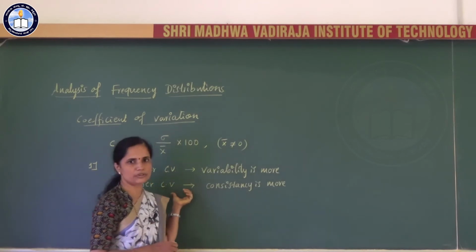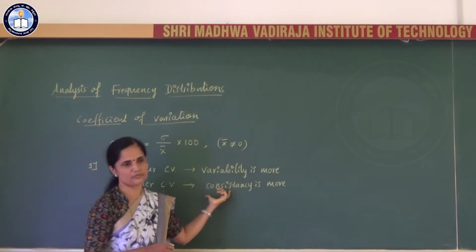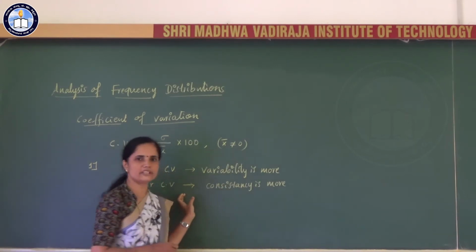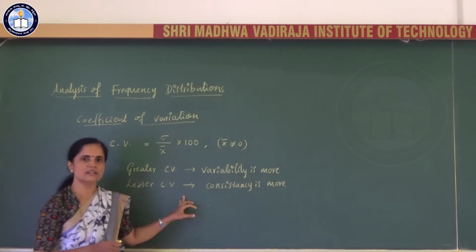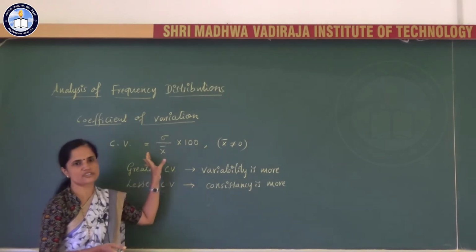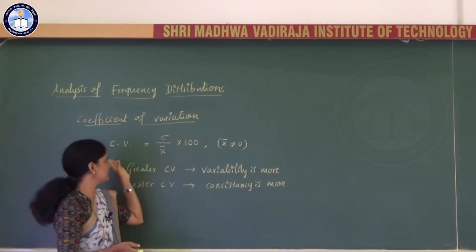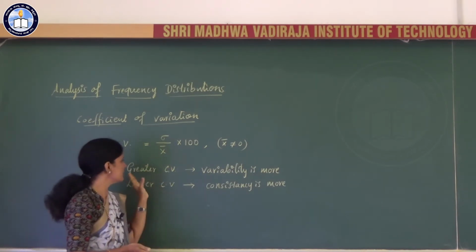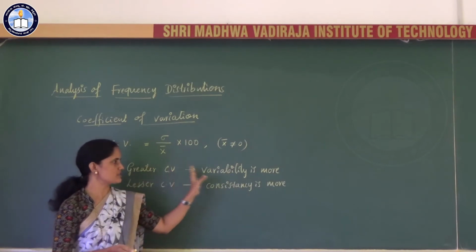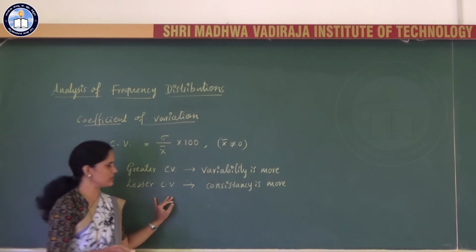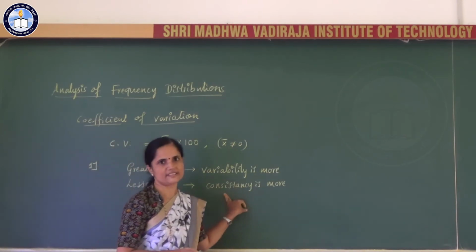As compared to A, B is more consistent because the dispersion is less. So this is the method of analyzing the series with the help of standard deviation and mean by taking the coefficient of variation. You must remember these 2 points: greater the coefficient of variation, more is the variability, and lesser the coefficient of variation, more is the consistency.